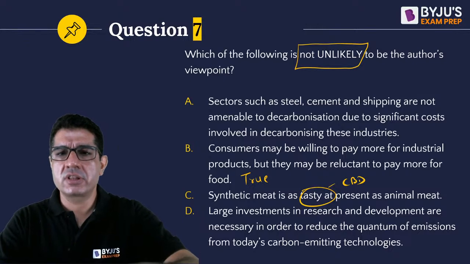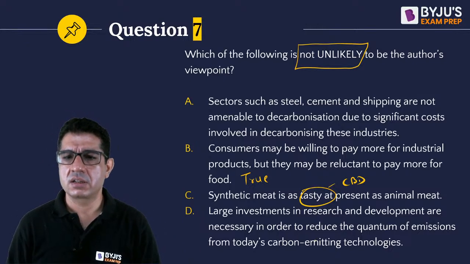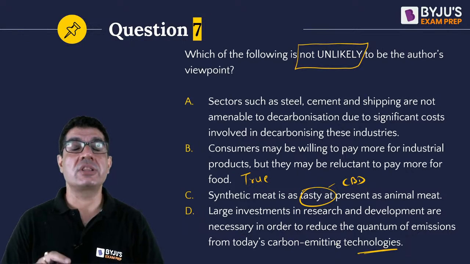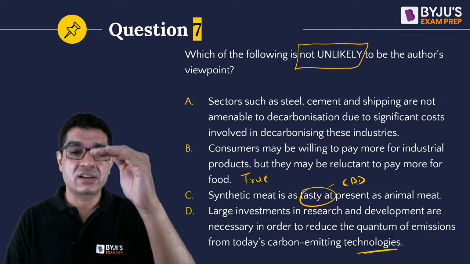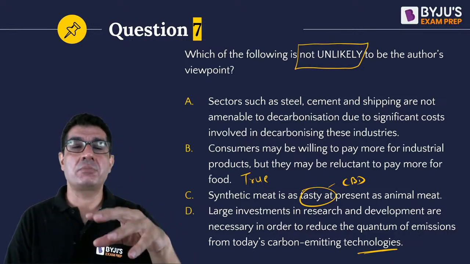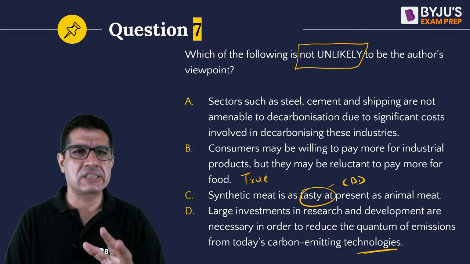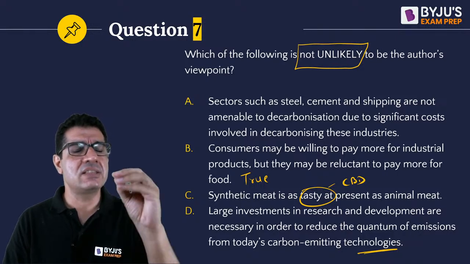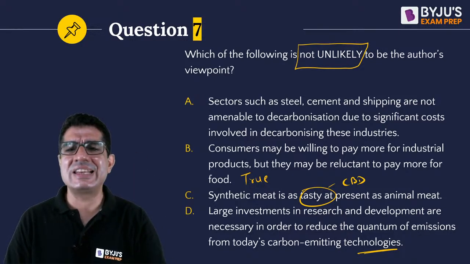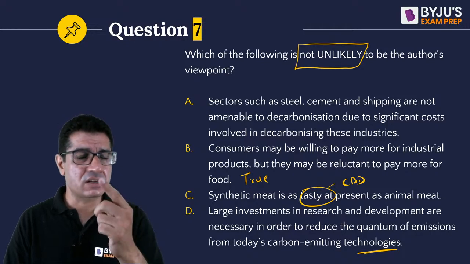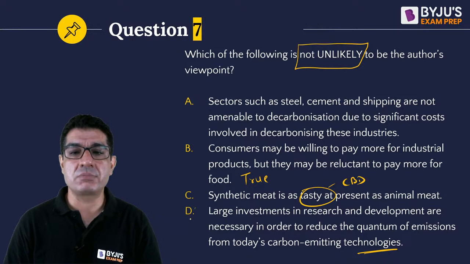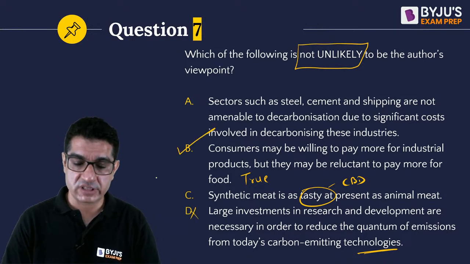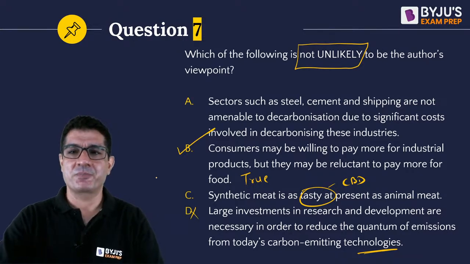But is the author seeking lower emission levels from today's technologies? The author is talking about, hey, let's come up with new technologies that produce less emissions. The author is not saying, let us make the existing technologies release less emissions. So that's a very subtle, very slight, but very important distortion, and therefore even D can be ruled out. So best answer choice is B.